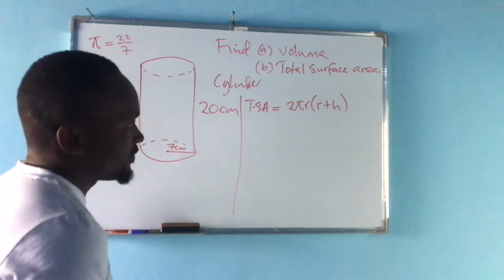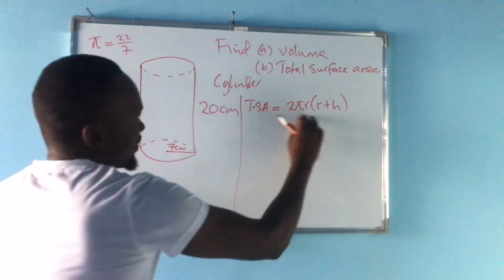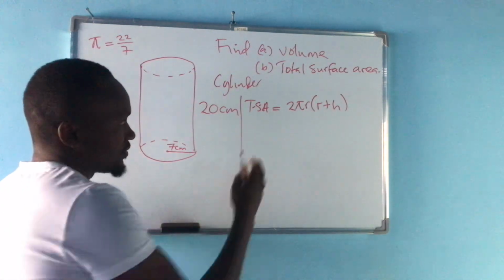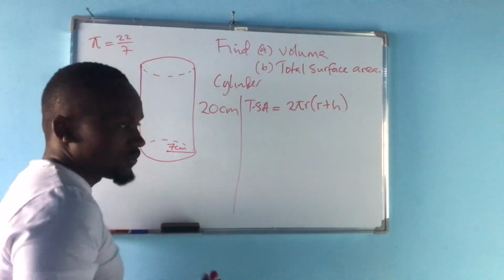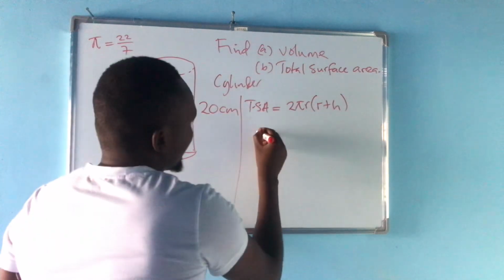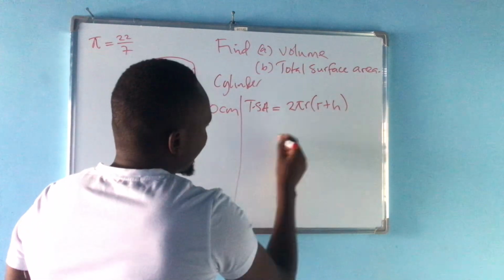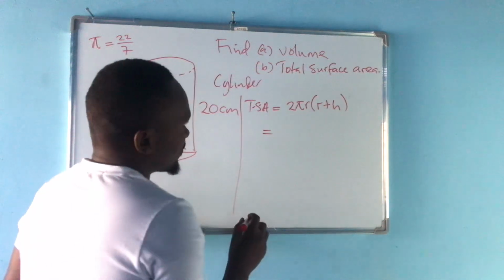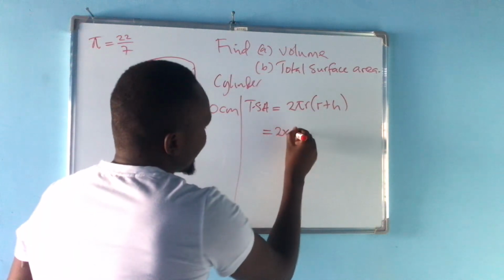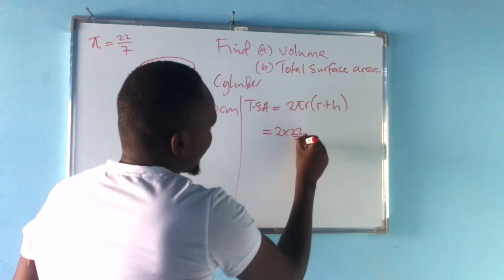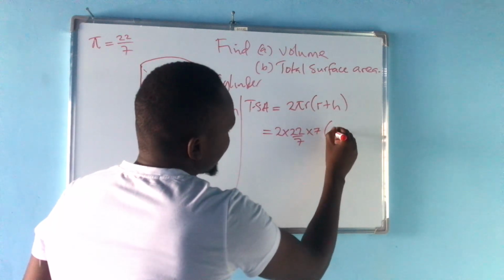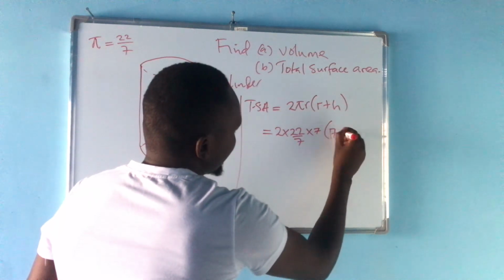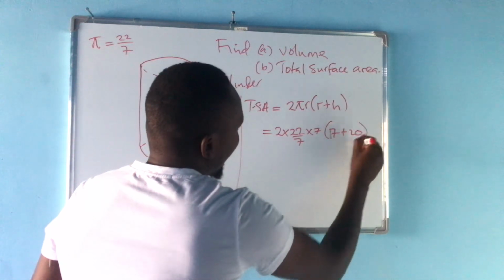Everything here has been given: the pi is given, r is given, height is given. So we just need to substitute. I'm going to say 2 multiplied by 22 over 7 multiplied by 7, open bracket, 7 plus 20 as the height.